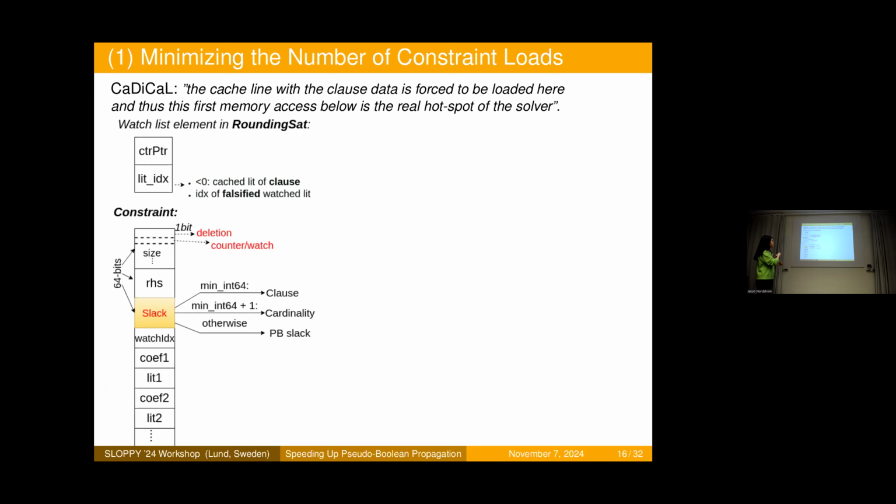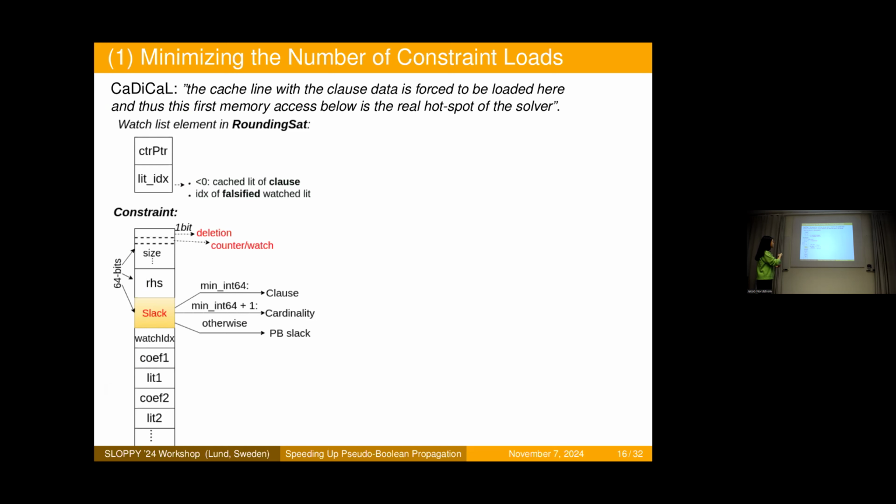Here, we can see how data are saved in RoundingSat. For every watchlist element, there are two integers. For the second one, if the value is negative, we can use it to indicate the cached literal of the clause. Otherwise, it's the index of the falsified literal.